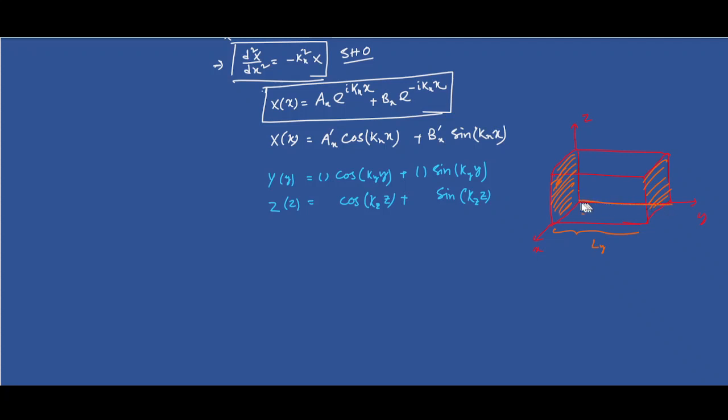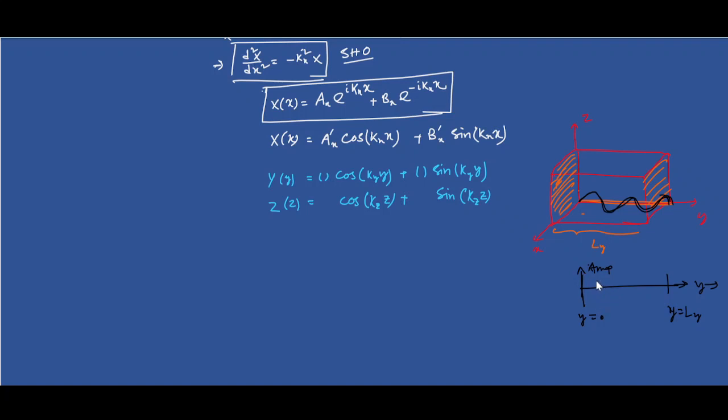This is the axis, let's say. I am redrawing that y-axis here. This is y and this is the amplitude. Let's say this is y equals to 0, this is y equals to ly, and this is the y direction.